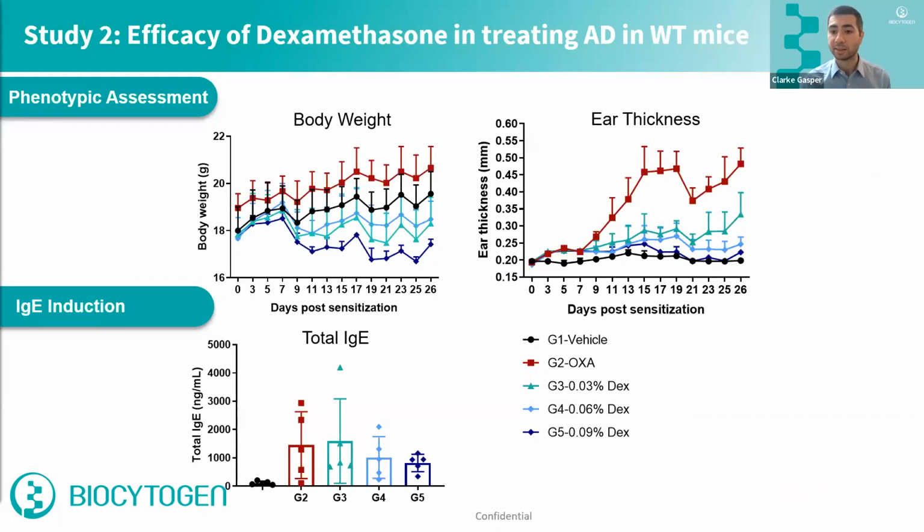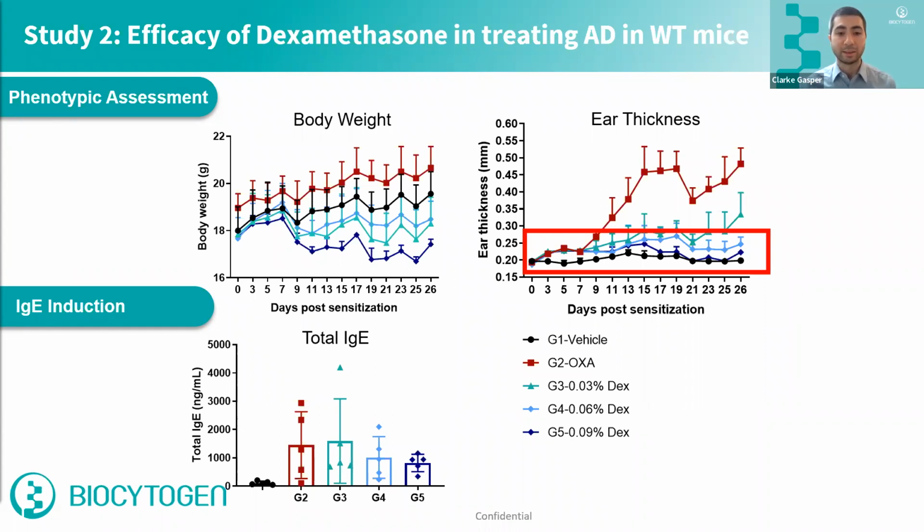In this second study, the efficacy of dexamethasone was assessed in the AD model. And so ear thickness and serum IgE levels were measured again, and different concentrations of dexamethasone significantly reduced ear thickness compared with the oxazolone-only group.